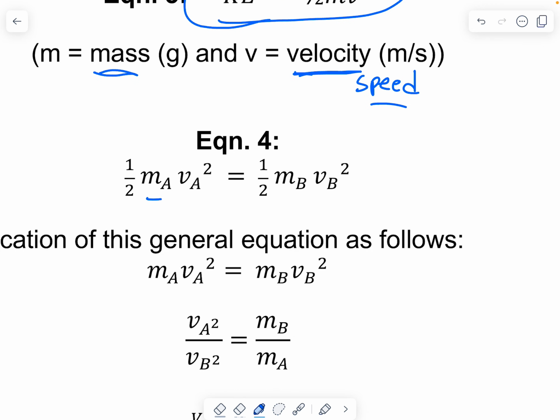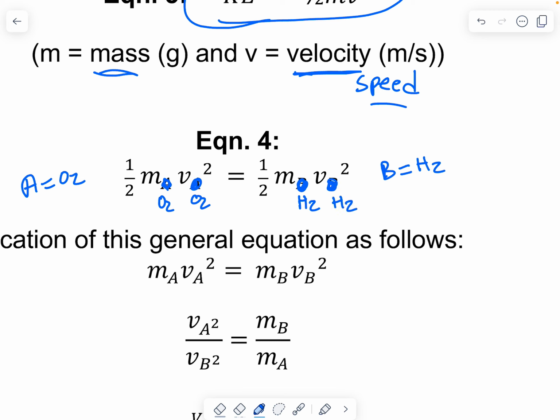We have the mass of A times the velocity of A squared, the mass of B times the velocity of B squared, and let's actually get rid of A's and B's. Let's say A equals oxygen gas, and let's say B equals hydrogen gas. And so it's not A and B, it's 1/2 the mass of O2 and velocity of O2, and the mass of H2 and the velocity of H2. Okay?